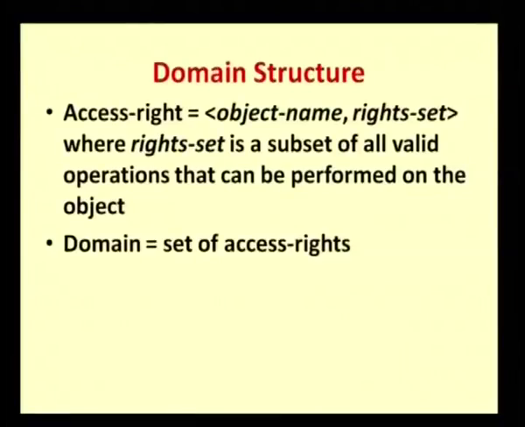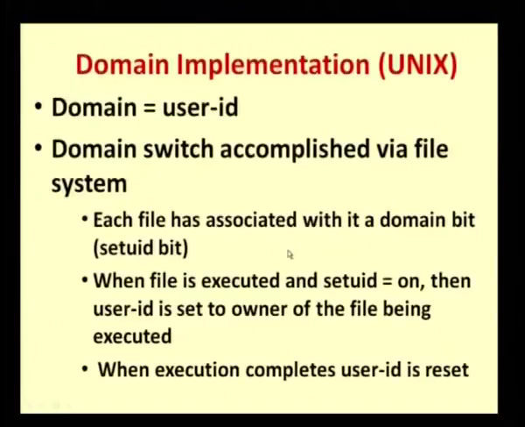Only one system, kept in common, has access to print. So that access right has been denied for your system, whereas it has been given to the other system, which is able to communicate with the printer device. So that is a domain structure, and the domain is said to have a set of access rights.